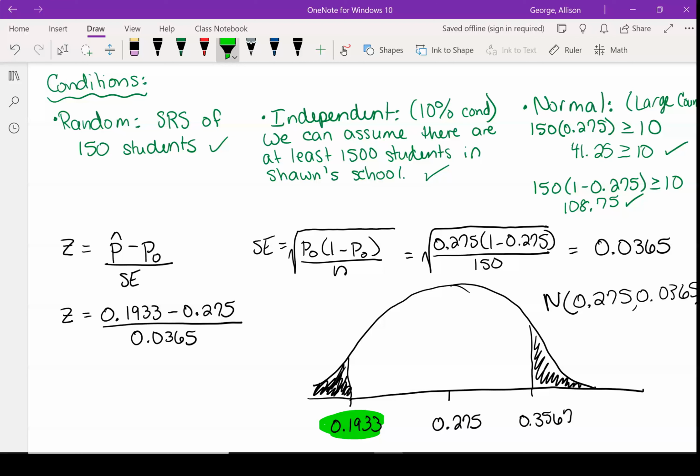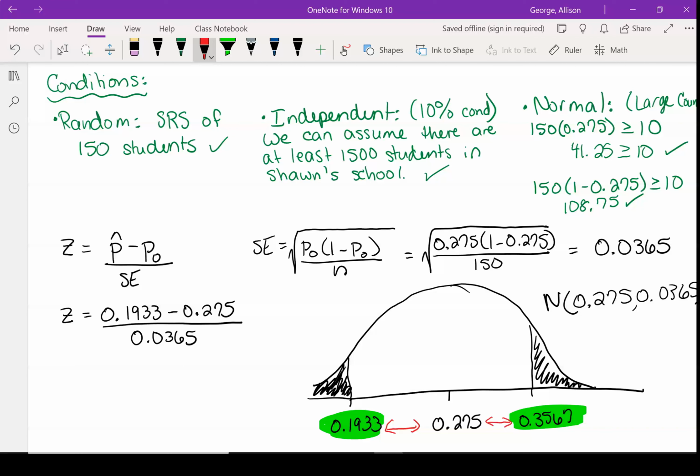So it could be far away down to the left, meaning it's much smaller, but it could also be the same distance above to the right. So we actually have to have both pieces, because it's not just less than or just greater than, it's both when we have not equal to. The way I figured out what that number was, I just figured out what my distance was here. I just subtracted, and then I added that to figure out what this new number would have to be.